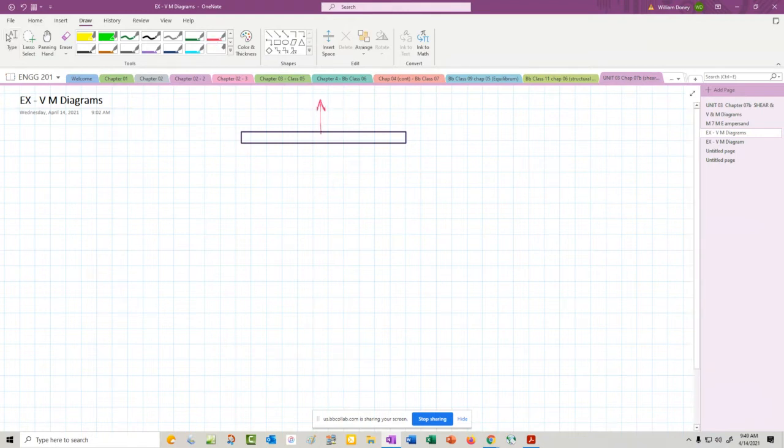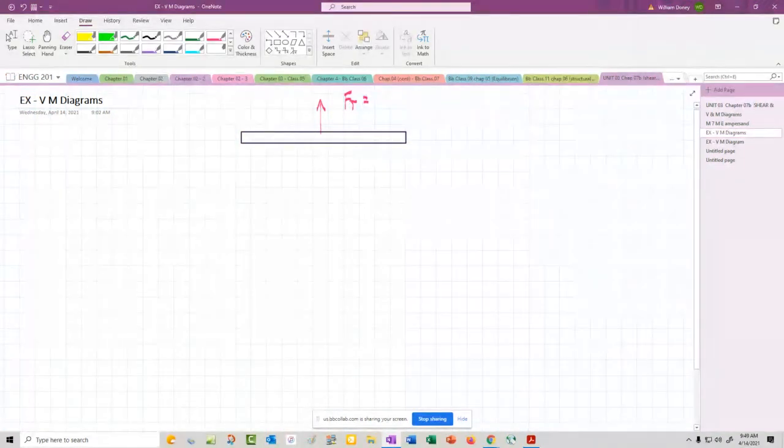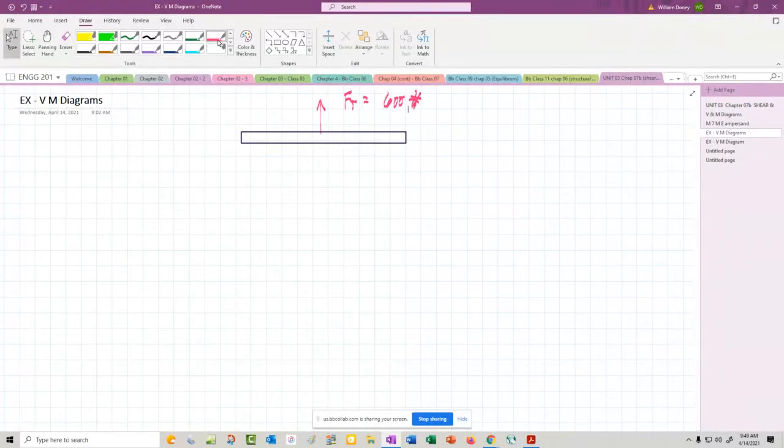We have a beam here. We're going to have a force of tension up, and let's say that's 600 pounds. This object is hanging and holding up some big structure here, an engine or box or crate.